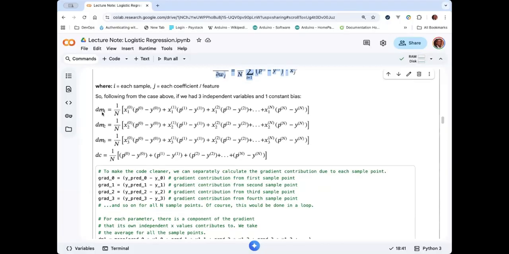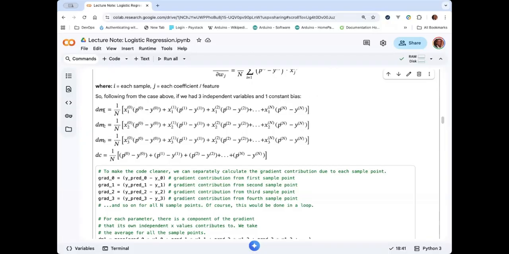If you look at it, you will see that this is the partial contribution of M1. Remember, we're still using M1, M2, M3, and C, just to correlate with what we had before. So it's easy for you to move from multivariable linear regression to multivariable logistic regression. You can keep everything in your mind and change a few things.